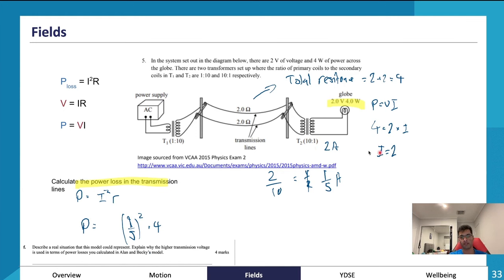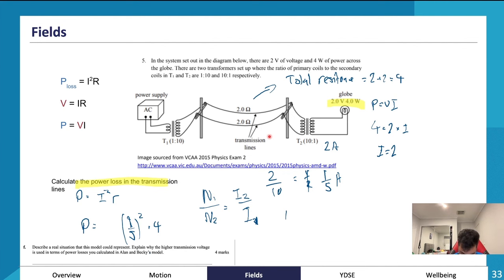And where I got this from comes from this formula. So N1 divided by N2 is equal to I2 divided by I1, which is on your formula sheet, and is to do with these transmission lines.